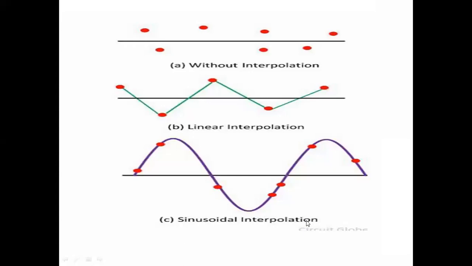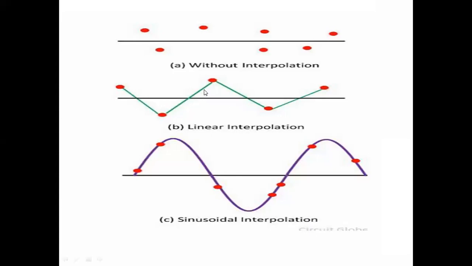Using sinusoidal interpolation, we cannot produce the square and pulse waveforms; we can only produce the sinusoidal signal. By using linear interpolation, we can also produce the pulse and square outputs.